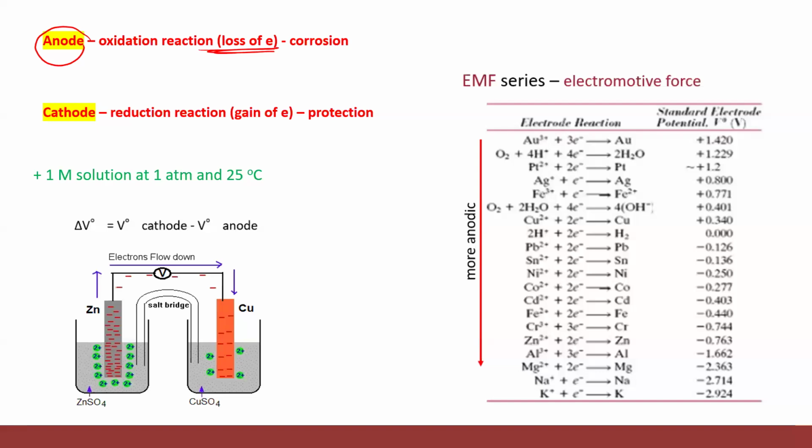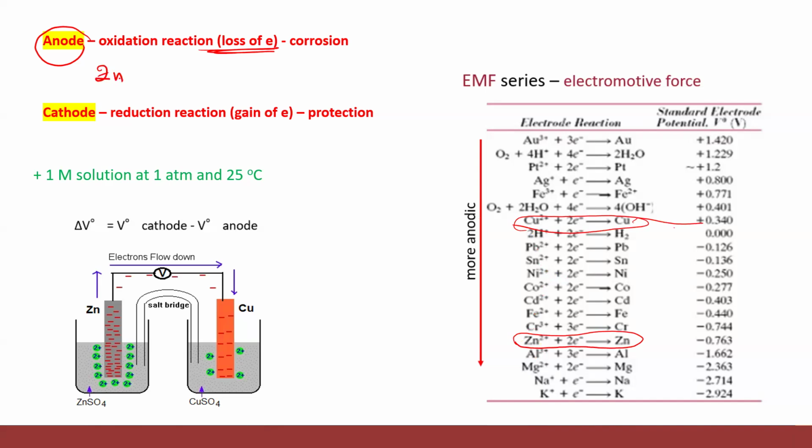Can you tell me first, looking at where they are in the EMF series? We have zinc here and we have copper here. Which one is the anode and which one is the cathode? That's right. So zinc is the anode.